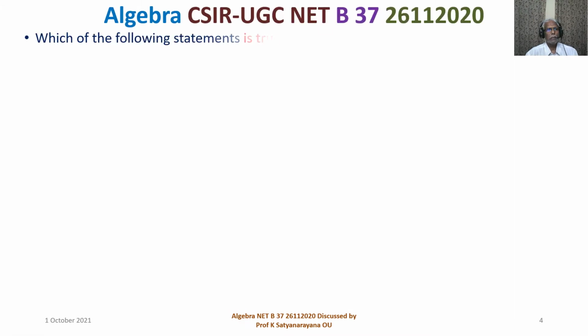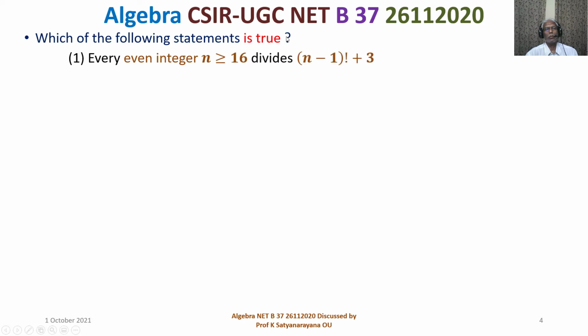The problem is, which of the following statements is true? There are four options given to you. First option, every even integer n greater than or equal to 16 divides (n minus 1) factorial plus 3.